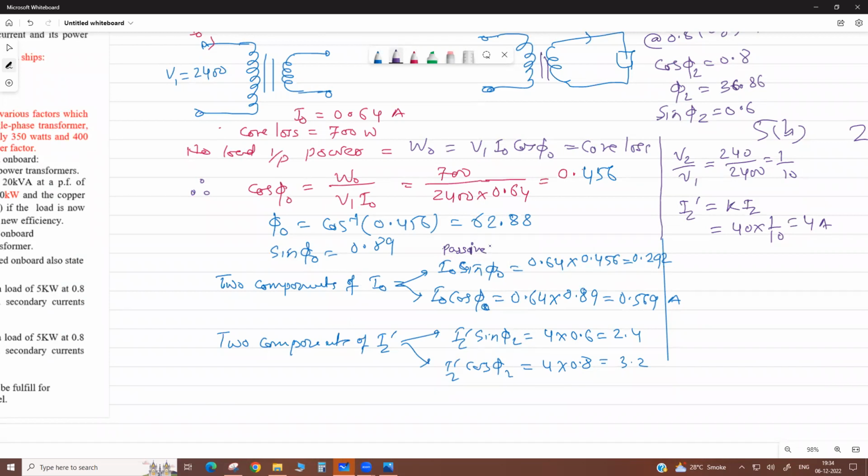This is your active or loss component, and this is your passive or magnetizing component. You get marks for this, and it is denoted by I mu. This is I omega. Okay, dear.